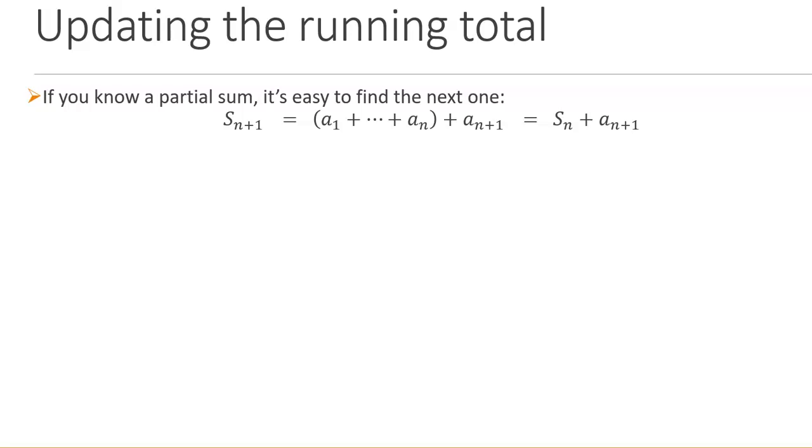It adds the most recent transaction amount. So the sum of the first n plus 1 terms in a sequence is equal to the sum of the first n terms of the sequence plus the n plus first term. In other words, the n plus first partial sum is the nth partial sum plus a_(n+1).